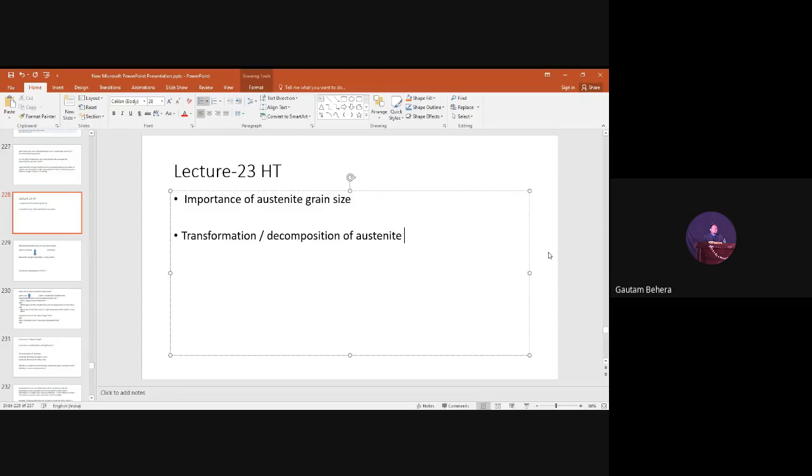Right? And second, we have seen how the growth rate is affected. The growth rate is affected by the interlamellar spacing of the pearlite. Interlamellar spacing in pearlite is basically the distance between two adjacent centers of the cementite, right?